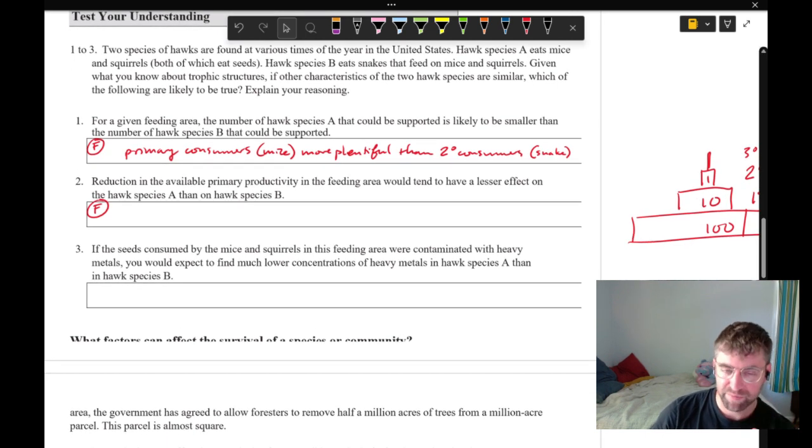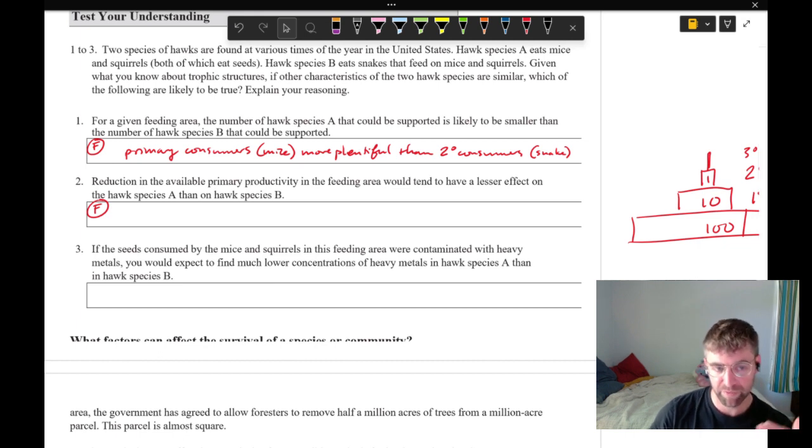I'm sorry, I have to amend what I just said, because it's not that it's going to affect those organisms closer to primary production necessarily. It's going to impact them all proportionally. So if primary production is reduced by 50%, then primary consumers' available energy is also reduced by 50%, on up the chain.